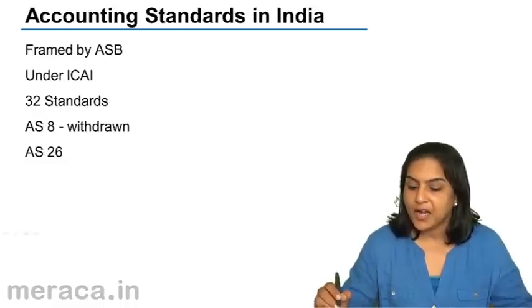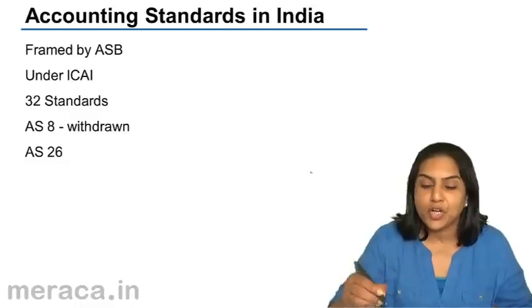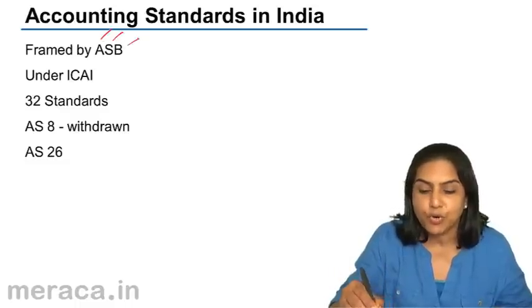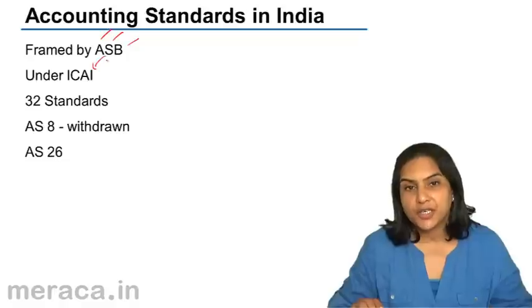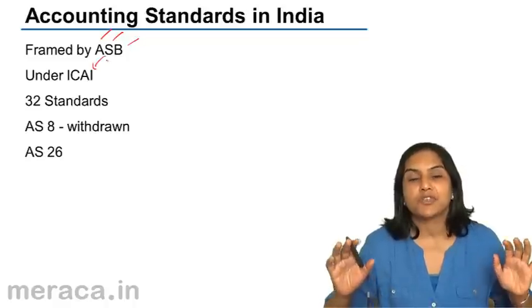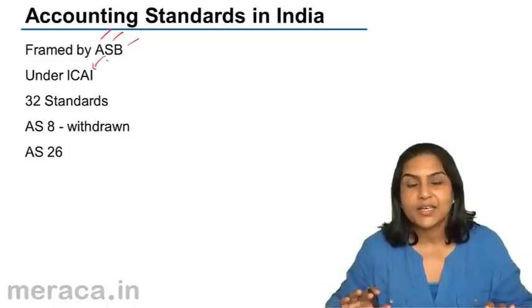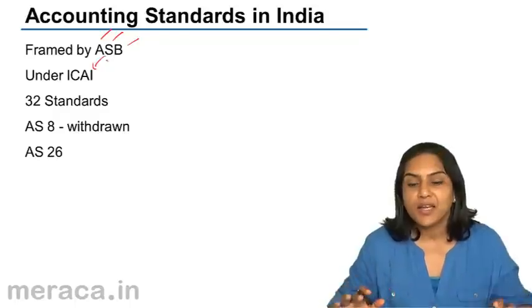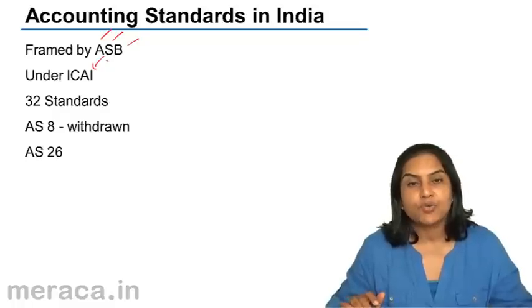Accounting standards in India are framed by what is called the Accounting Standards Board, which is under the Institute of Chartered Accountants of India. They have a committee, a lot of discussion is done, an exposure draft on the accounting standard is prepared, and finally it is formalized. As of date, there are 32 standards.